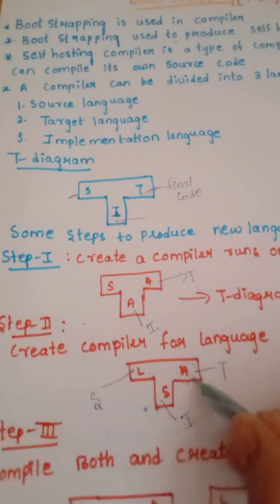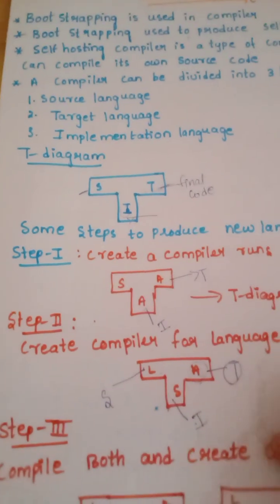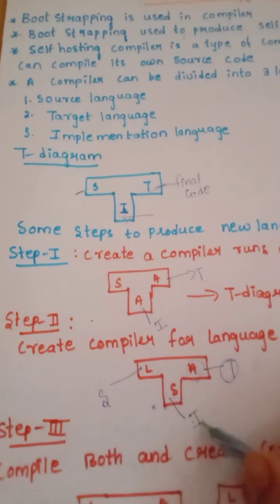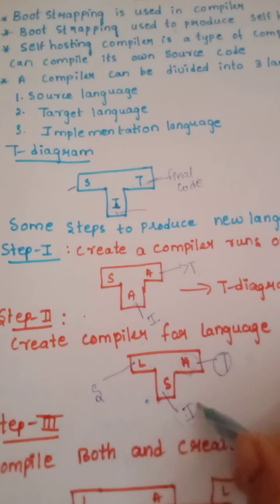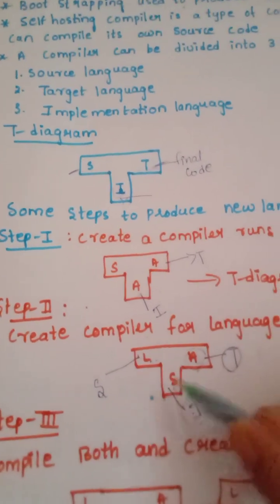The machine A will be the target, so on machine A we are going to produce the target code, and the source code is implemented using a particular language.